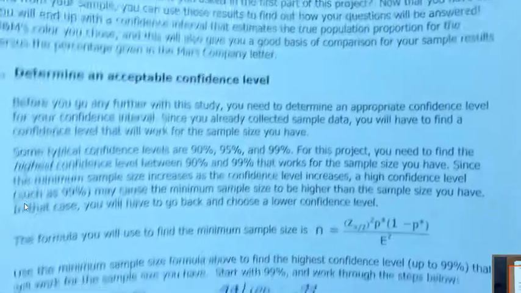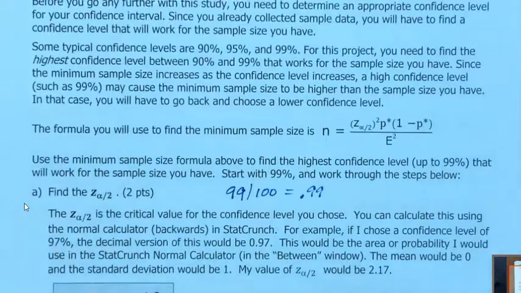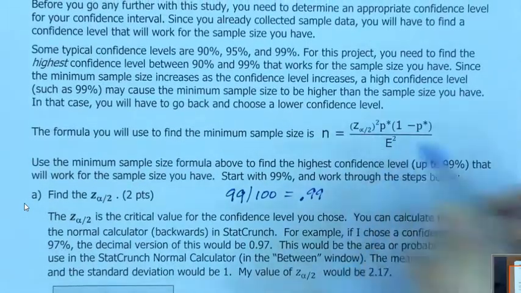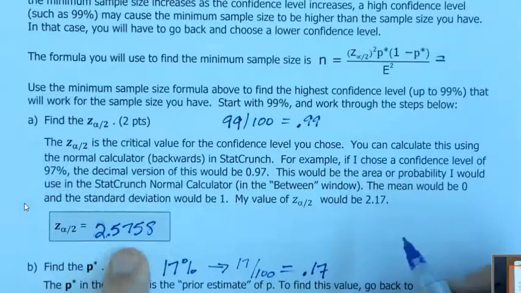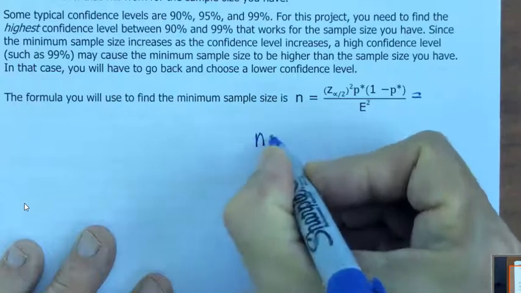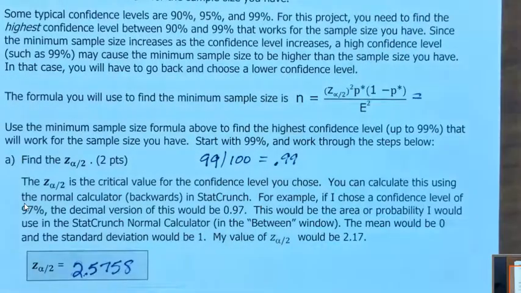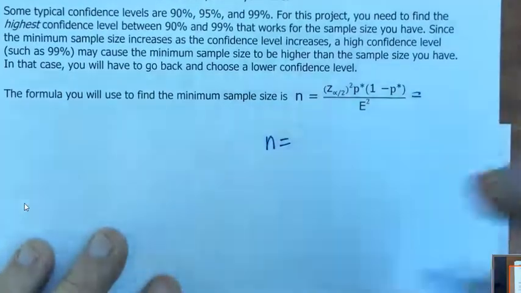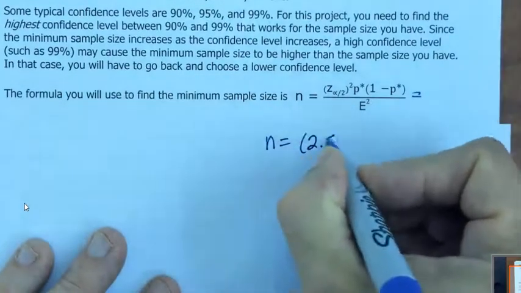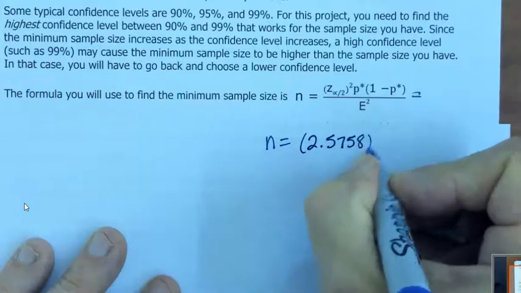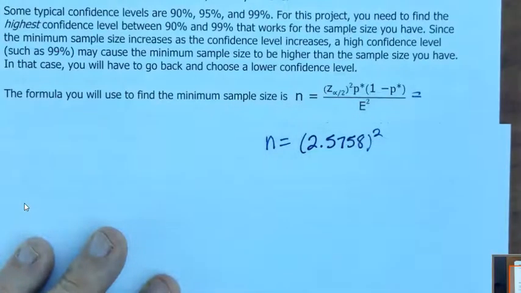So let's go back to what this formula was. I'm going to take the 3 values that I have and plug them into here. My value for the critical value was this. So what I'm going to have is n equals 2.5758, and I'm taking that value and squaring it.